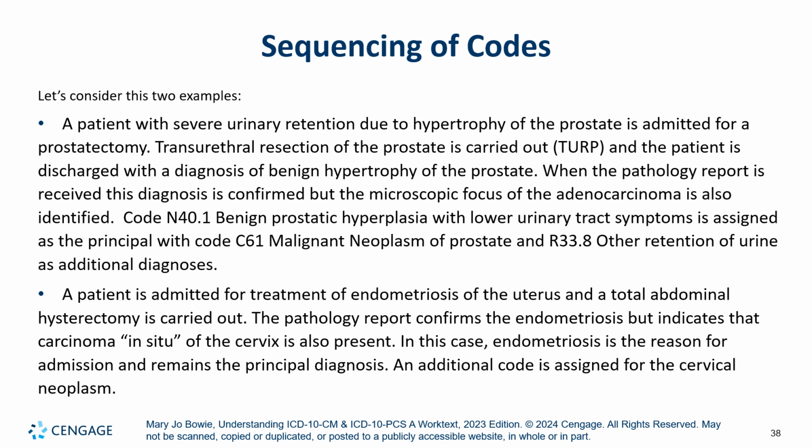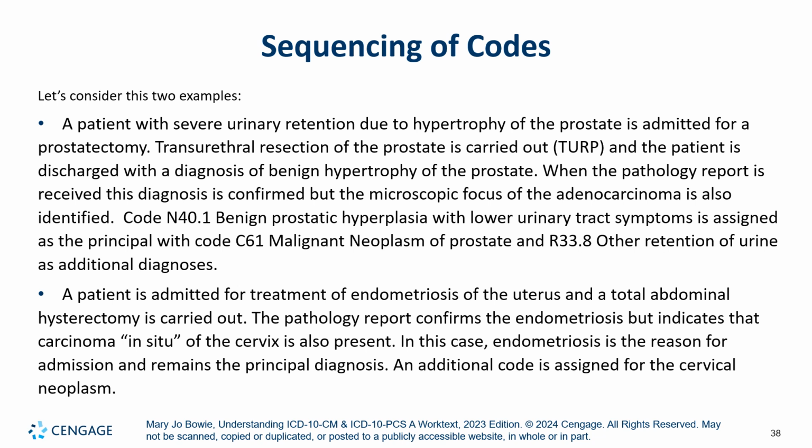All right, so here's two examples. Patient with severe urinary retention due to hypertrophy of the prostate is admitted for a prostatectomy. Transurethral resection of the prostate is carried out, that's your TURP, and the patient is discharged with a diagnosis of benign hypertrophy of the prostate. When a pathology report is received, this diagnosis is confirmed, but a microscopic focus of adenocarcinoma is also identified.